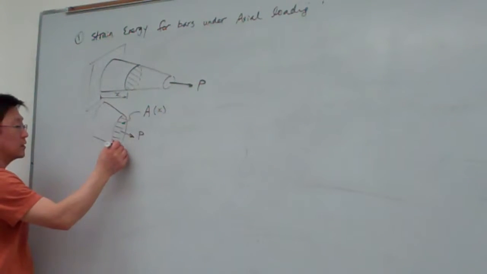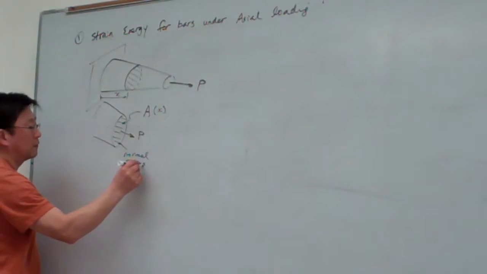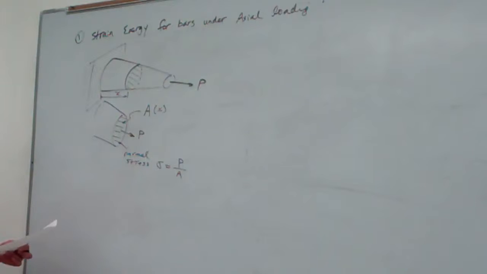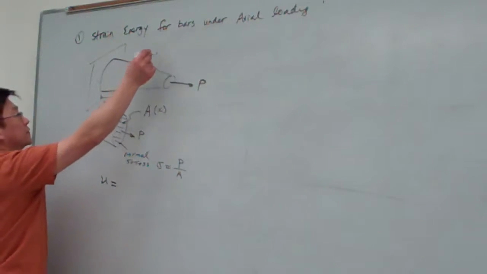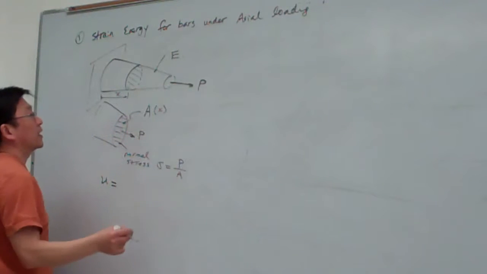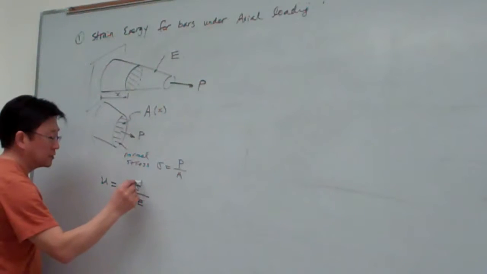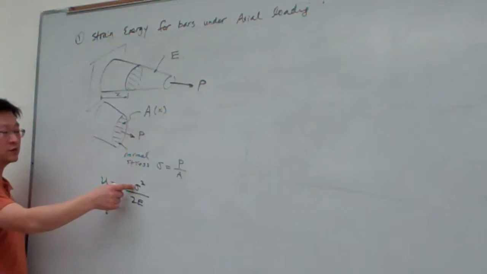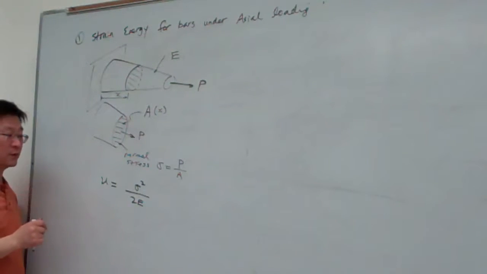So for this case, the normal stress sigma is simply P divided by A. And in this way, the strain energy density, if this material has Young's modulus E, is sigma squared over 2E. Here we try to simplify by not taking the stress and the strain simultaneously. We simply pick one, which is easier for us.